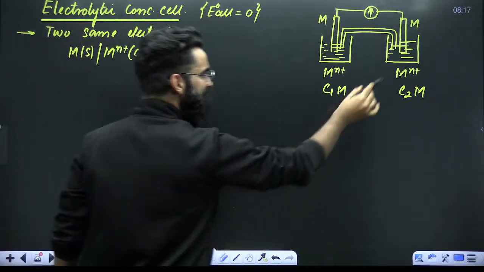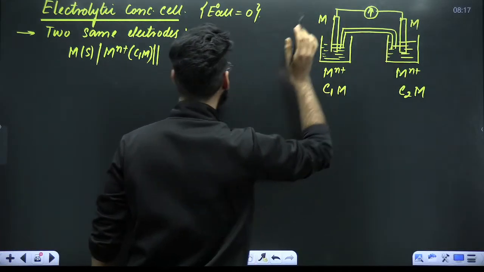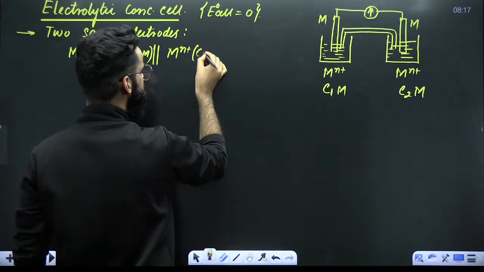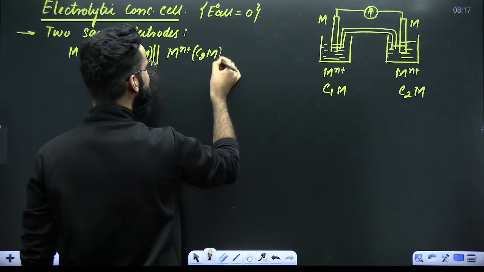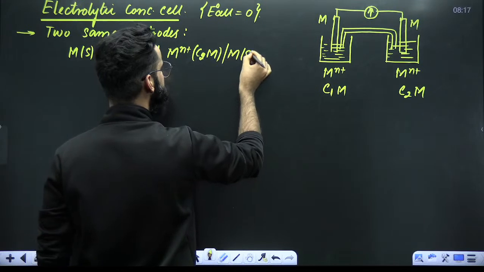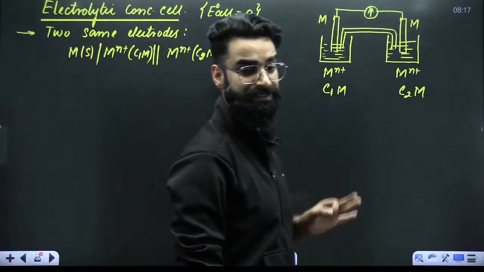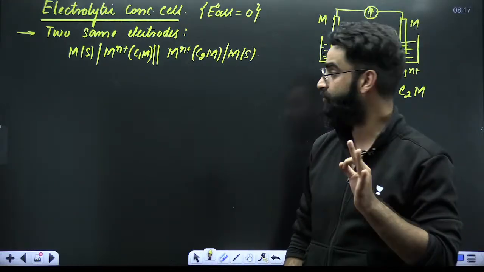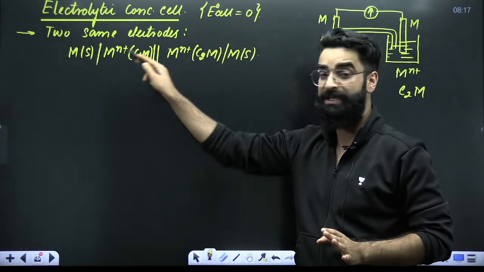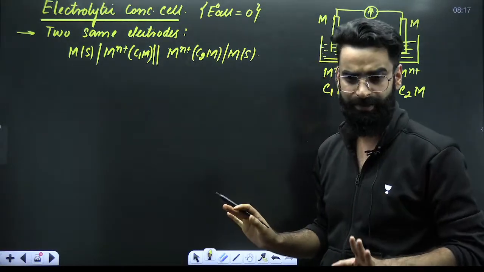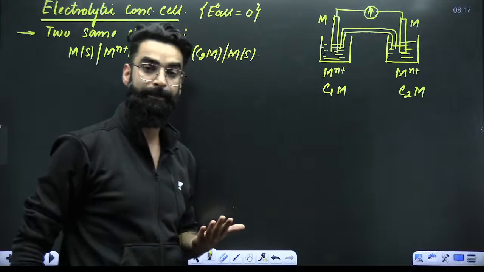At cathode, your Mn positive will get converted into M solid. So the Mn positive which was there in the right container, whose concentration was C2 molar, will be getting converted into M solid. Perfect. So this is how you represent the electrolytic concentration cell, in which two same electrodes are used, but the only difference is their concentration is different.